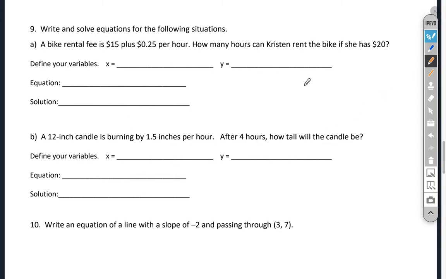So let's interpret what we're talking about in here. So we've got to notice these rate words, okay? So we've got per hour. So let me write this over here. A rate word could be like every, per, daily, whatever, something like that. That means rate of change, okay? Don't look any further. That is your rate of change. So our rate of change would be 25 cents per hour, okay? Well, we know that, but let's keep going.